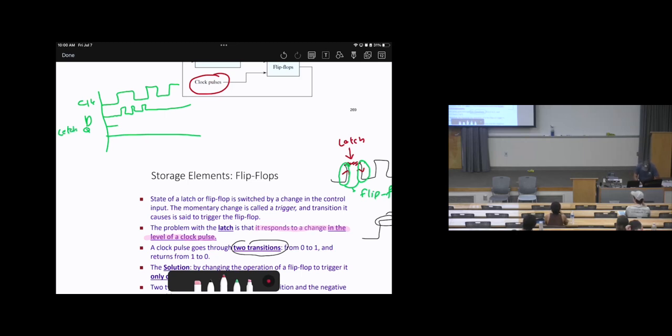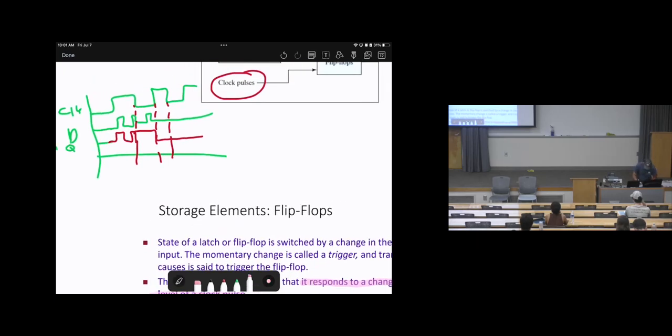In the latch, it will detect during the whole on time. During the on time, it will detect everything. Then during the off time, it will hold. Then here, on time, it will detect everything. So the latch detects this, then holds. Here Q equals D, then here is hold. That was in the latch.